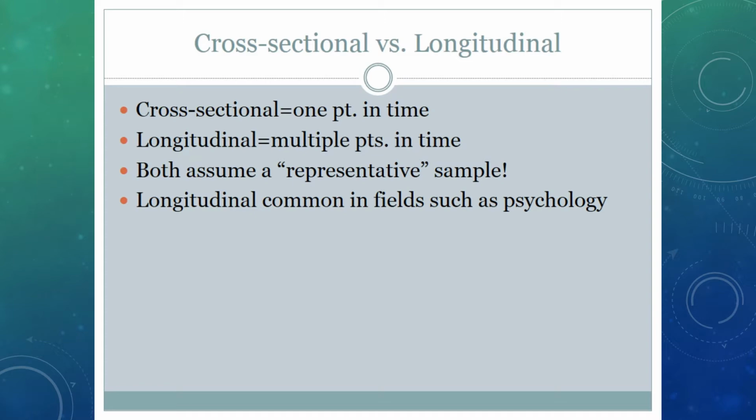Sometimes people like to think of this as cutting an apple in half and you take a look at the section. That's a cross-sectional design, as opposed to longitudinal, where you are able to, and this is going to take more time, money, and energy, survey people at multiple points in time.